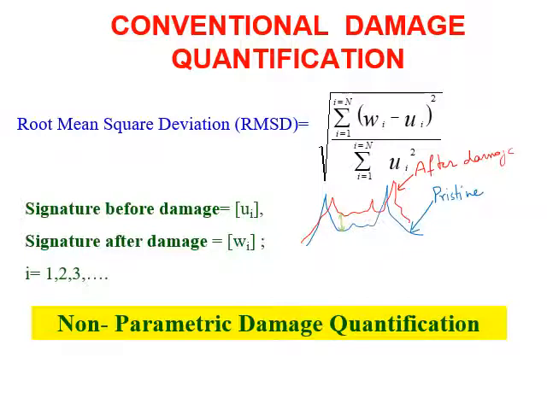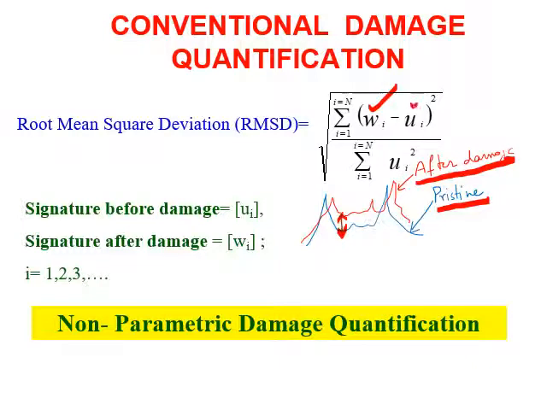So what we can do is we can use the simple signature analysis, like for the experiment which you have done. You have used the simple root mean square deviation. So what is root mean square deviation? We find out the difference in the values of the 2 signatures, one in the pristine condition, that is before damage, and one after damage.